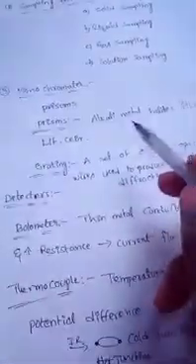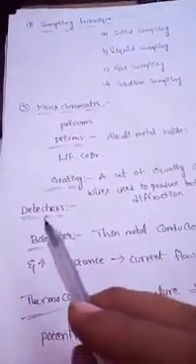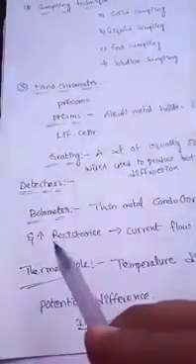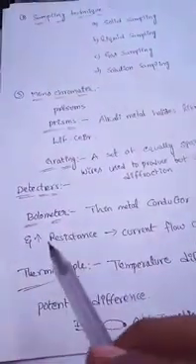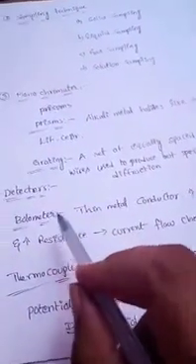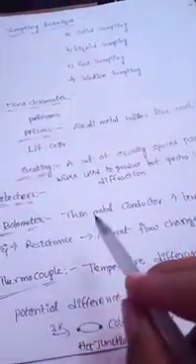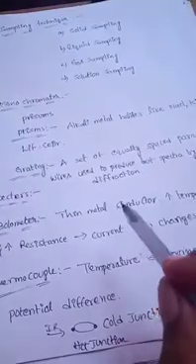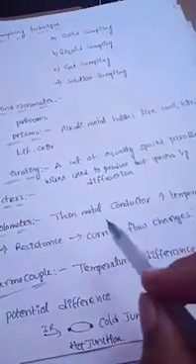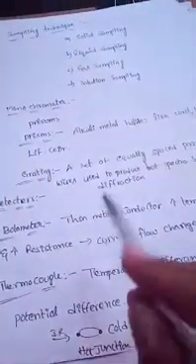Next, the detectors. Different detectors are used in IR spectroscopy. The first one is the bolometer. A bolometer is a thin metal conductor, a very thin strip of metal. We already know metals are conductors, but the bolometer is very thin.